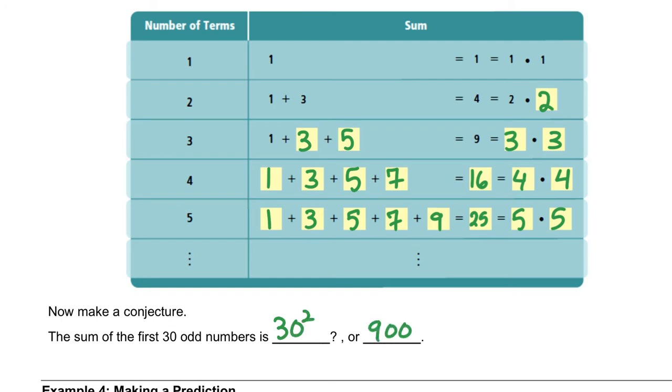So that means for the sum of the first 30 odd numbers, we have a shortcut for finding that. It's 30 squared. Instead of me doing 1 plus 3 plus 5 plus 7 plus 9 plus 11 and so on, I have a shortcut. That's the conjecture I can make. It's kind of like a shortcut when you're looking at a pattern, but it's more or less making a prediction or making a conclusion based on evidence.